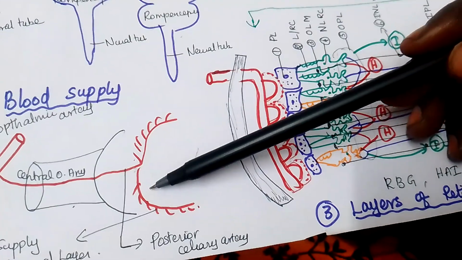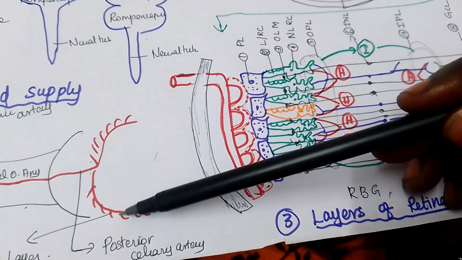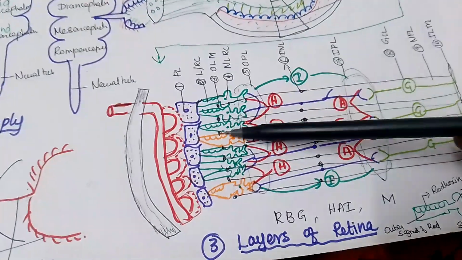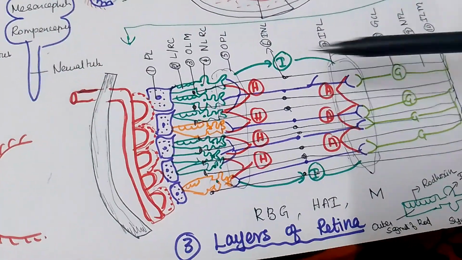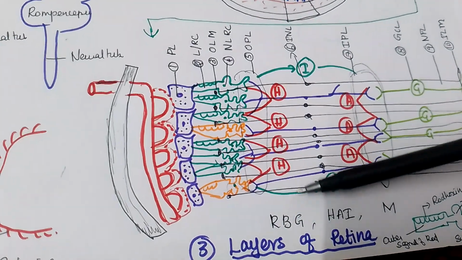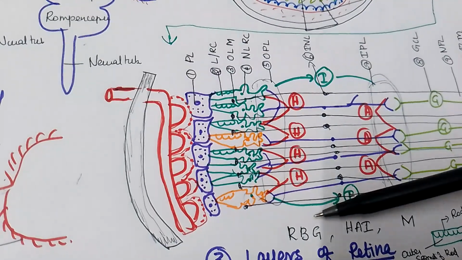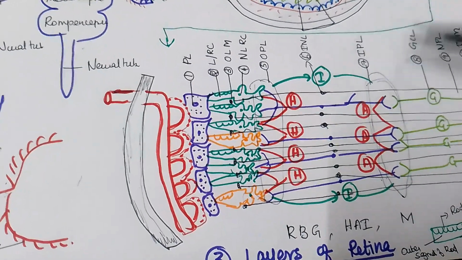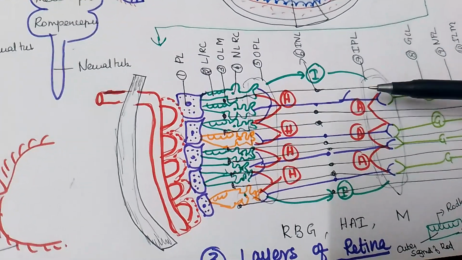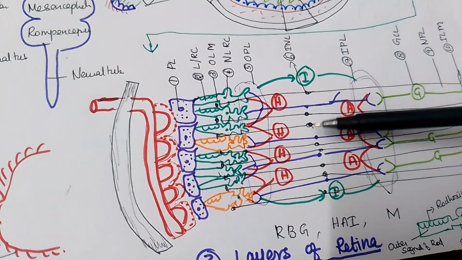Why are we mentioning the posterior ciliary artery here? These capillaries mainly supply the layers of the retina. What are the layers? Immediately you can remember RGB cells, horizontal cells, and Muller cells, right? There are various kinds of cells present: epithelial cells, neuronal cells, glial cells, pigmented cells.